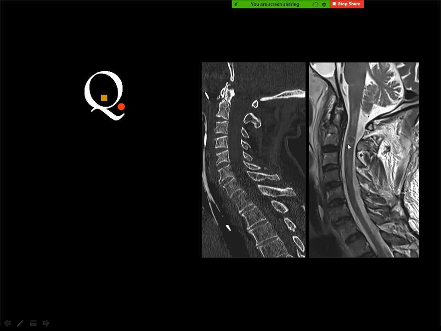Yes, there is a lesion in the spinal cord, and this is a T2 weighted image, and the lesion is of low signal surrounded by a rim of bright signal.